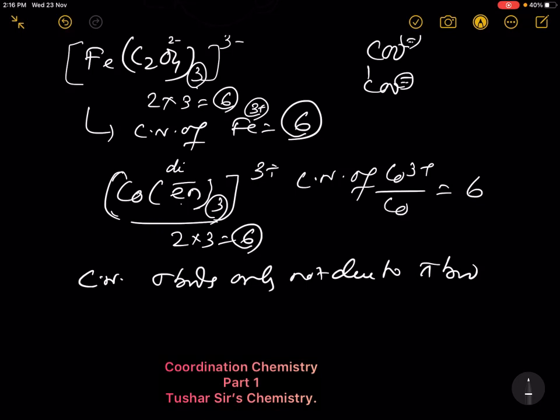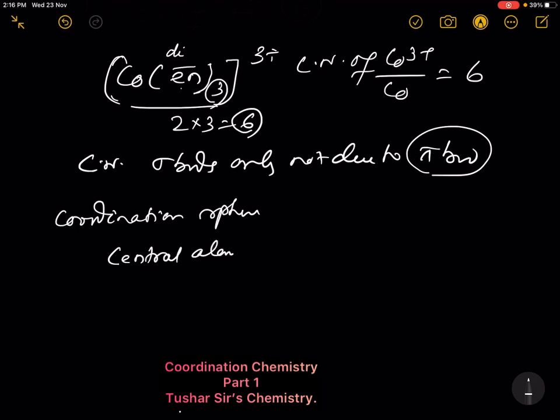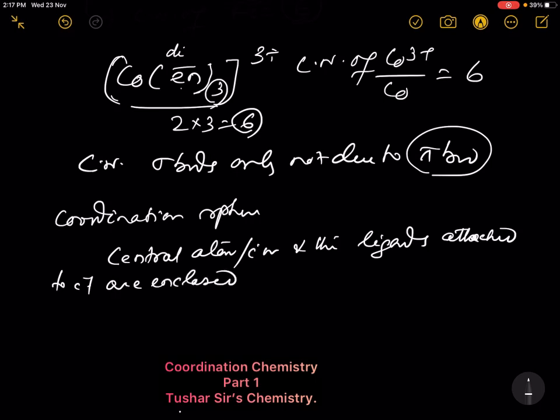Then coordination sphere. The central atom or ion and the ligands attached to it are enclosed in a square bracket.